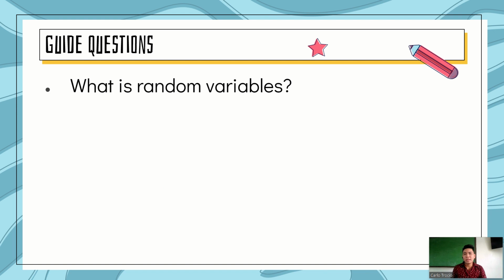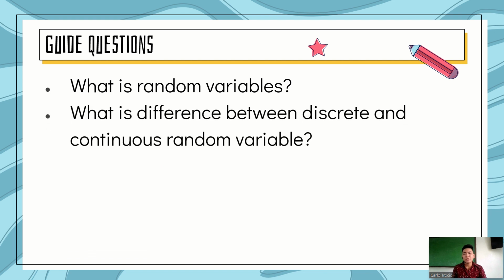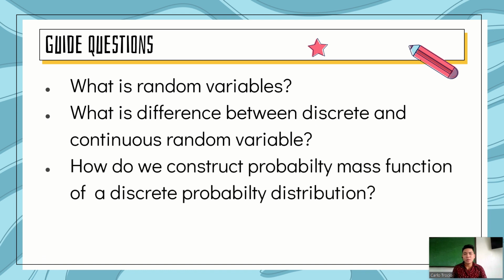So what is a random variable? What is the difference between a discrete and a continuous random variable? How do we construct the probability mass function of a discrete probability distribution? This is what I am talking about. We are going to list all the possible outcomes, even if we do not know what will occur.